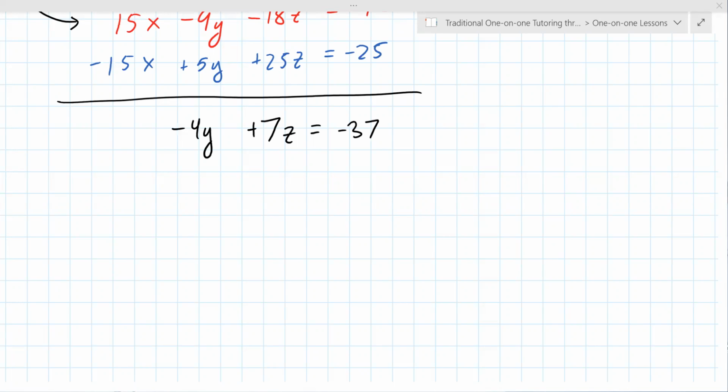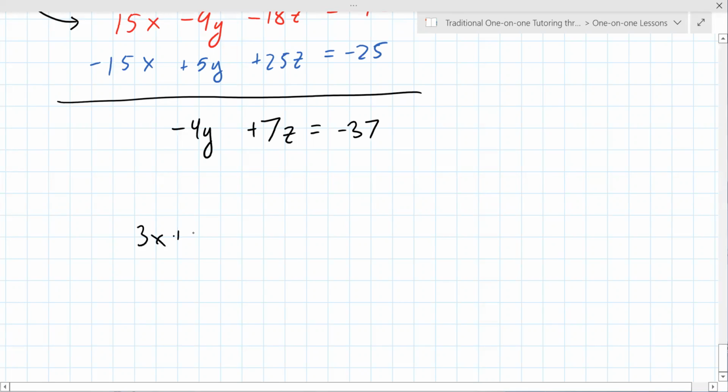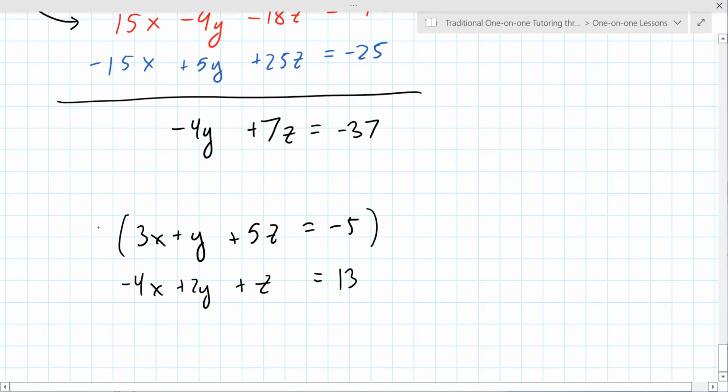So let's write those here. Minus 3x plus y plus 5z equals minus 5. Minus 4x plus 2y plus z equals 13. So we're going to multiply the first equation by 4 and the second equation by 3.